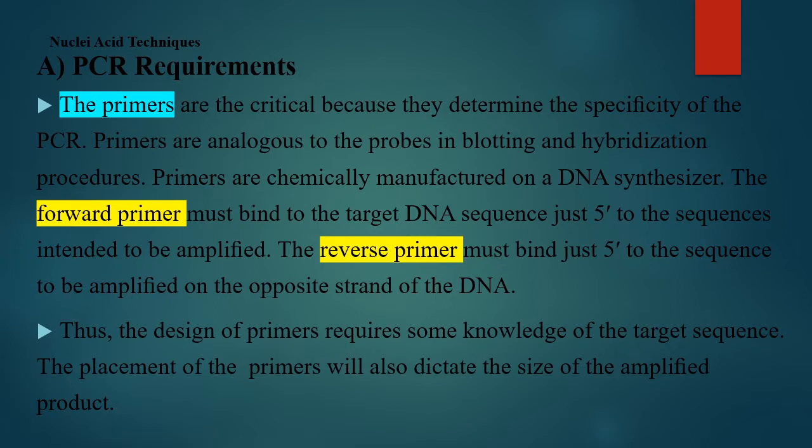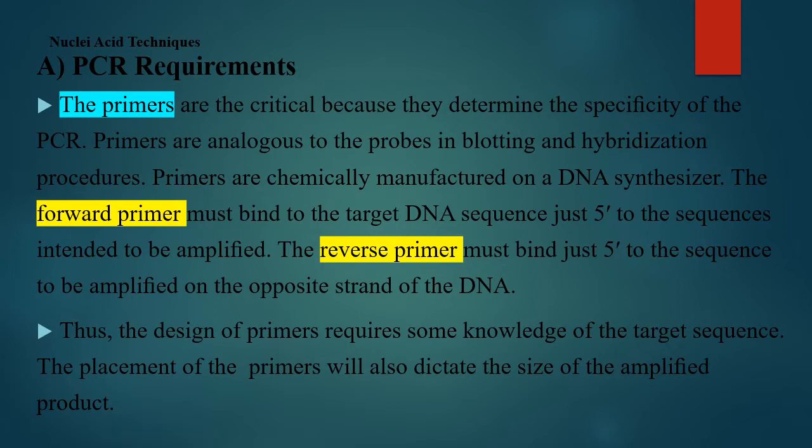It is what is required for you to know which portion of the DNA is supposed to be copied. The primers are said to be analogous to probes. We'll come to the probes later in blotting and hybridization procedures. These primers are chemically manufactured in a DNA synthesizer. They are manufactured for studies.